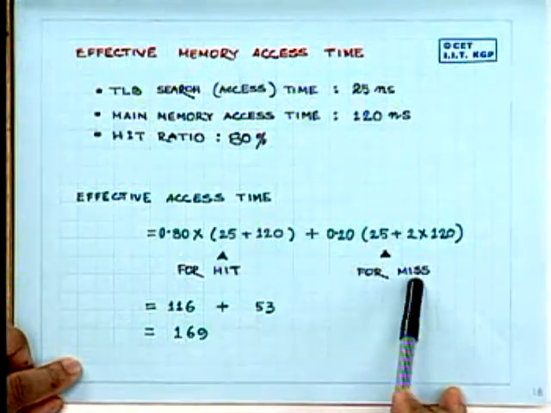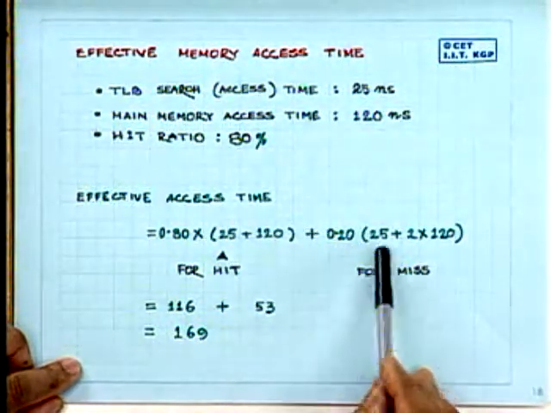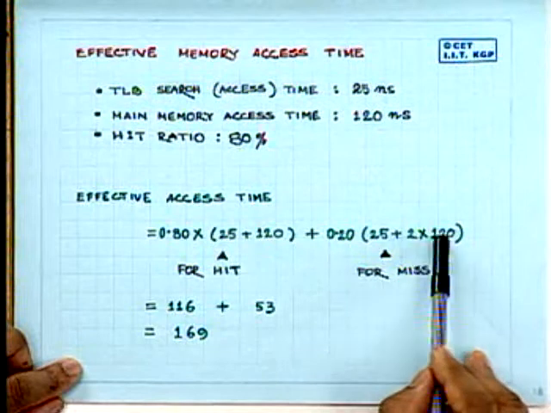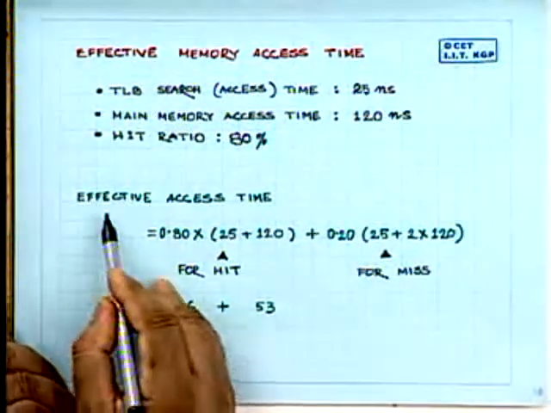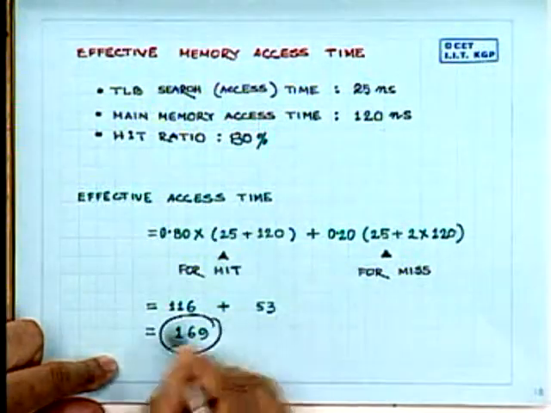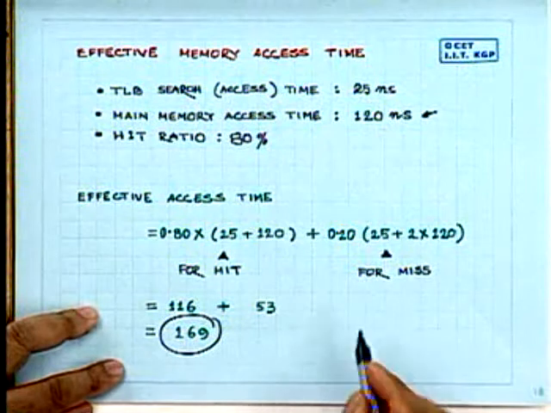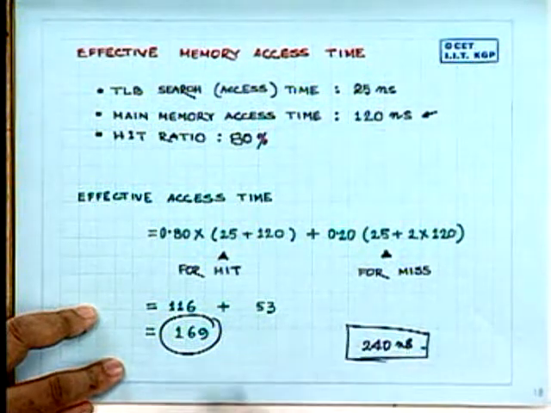If it's a miss, the miss percentage is 20%, therefore 0.20, and then search TLB, then twice search the memory, one for the PMT and another for the access to the particular location. With this, the effective access time we get is 169 nanoseconds, which is quite close to 120 nanoseconds, and definitely not 240 nanoseconds, which otherwise we would have needed. Therefore that's a good amount of speed up that we get if the hit ratio is quite high, right?